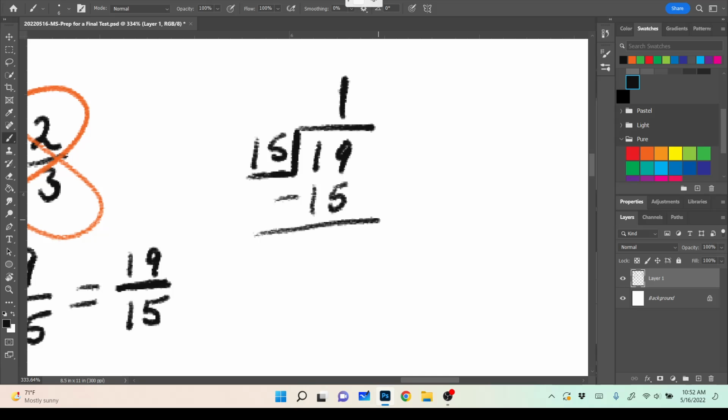And then we subtract it. What's 19 minus 15? 4. So once we have it and 15 doesn't go into 4, what do we do now? What's the answer? We got 1 and 4/15.